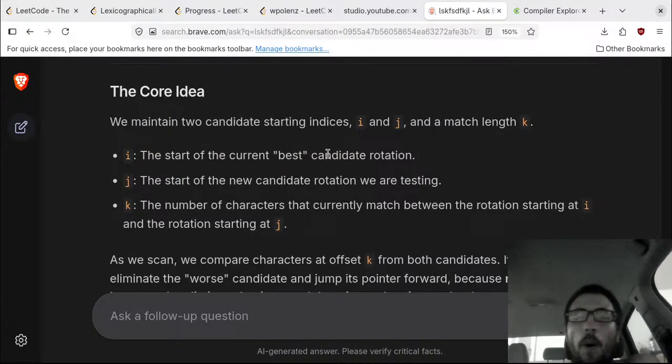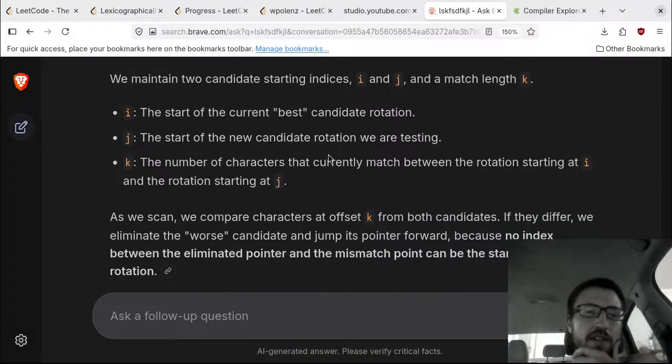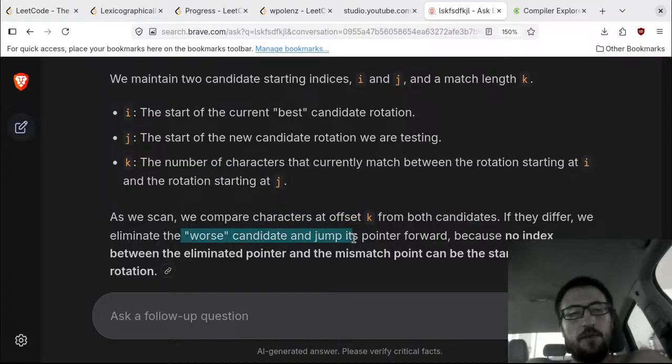So two candidates, i and j, and a match length k. Current best, start of the new candidate, and the number of characters that currently match between the rotation starting at i and the rotation starting at j. As we scan, compare characters at offset k from both candidates. If they differ, we eliminate the worse candidate and jump its pointer forward, because no index between the eliminated pointer and the mismatch point can be the start of the minimal.